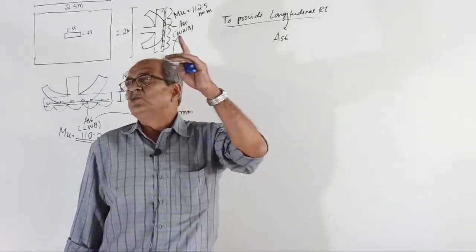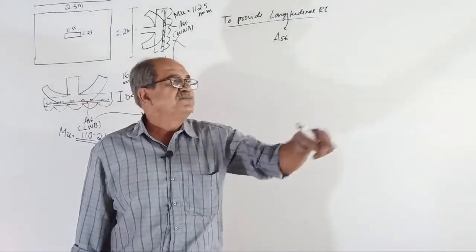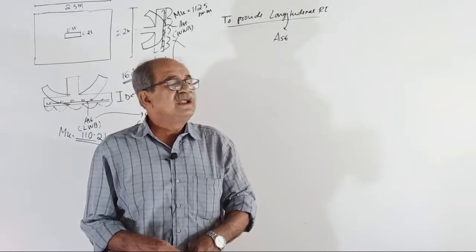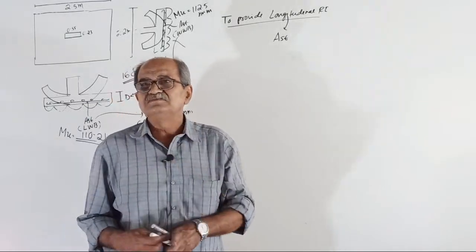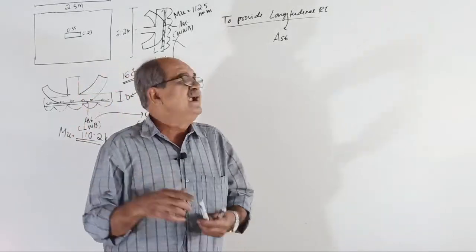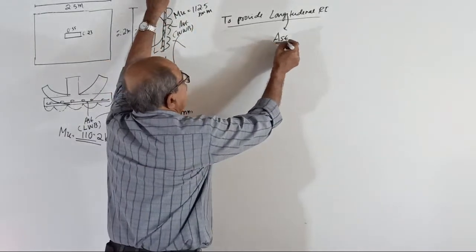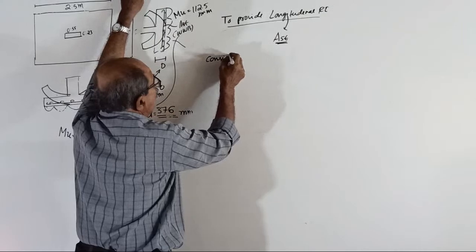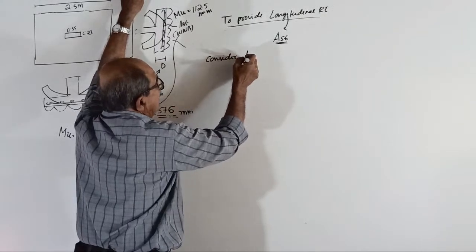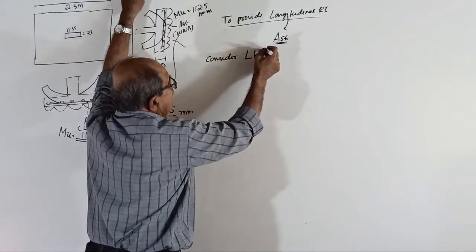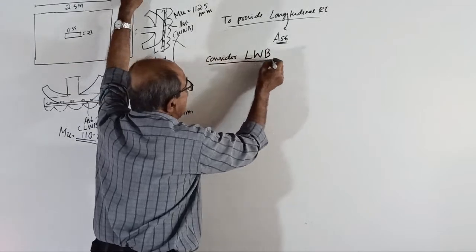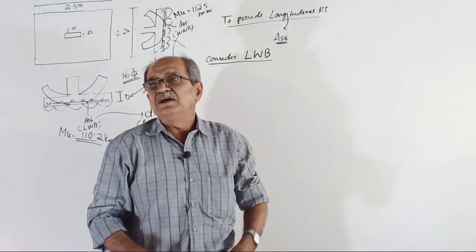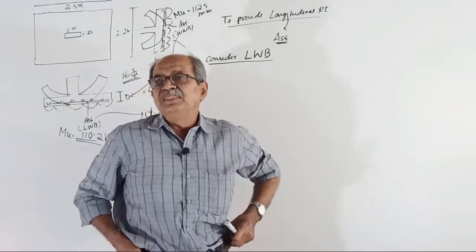Then go through all the problems, study 3-4 times thoroughly, understand, then write the procedure so that it will remain permanently. Start AST calculation. First consider one of them, I will do it, the other you have to do. Consider lengthwise bending. Don't write LWB in the examination, they will throw the booklet outside. Write lengthwise bending.